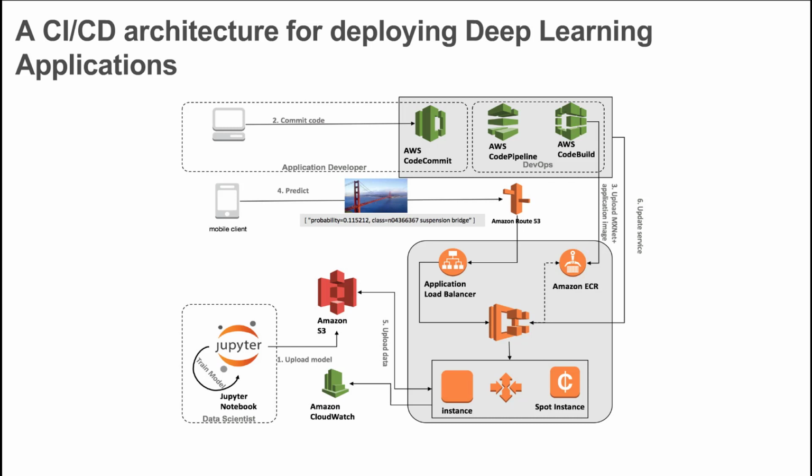Now, the application developer can write code that uses the algorithms the machine learning framework provides, reads the model that was generated in Amazon S3, and commits that code into CodeCommit, which is a managed Git repository on AWS.